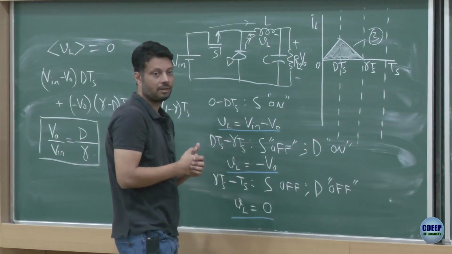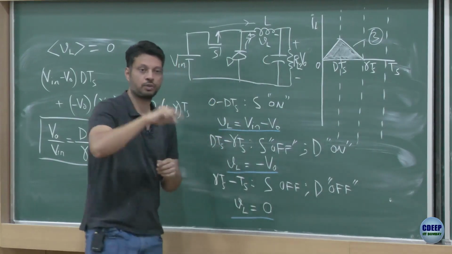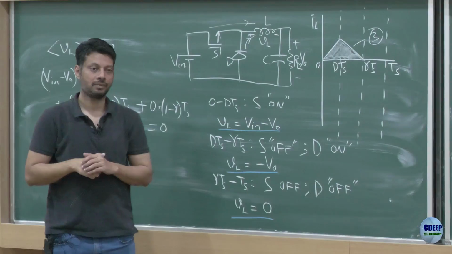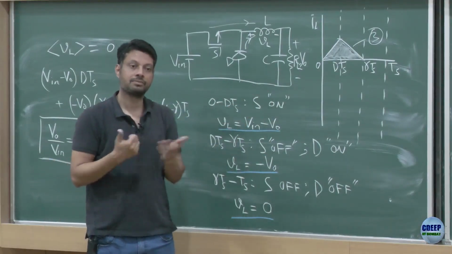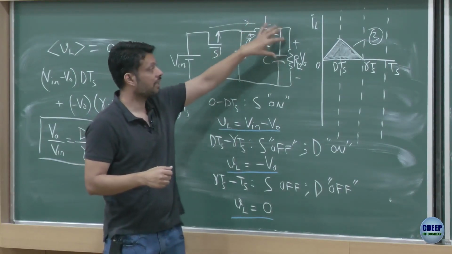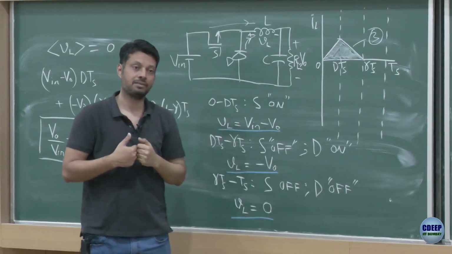Assume instead of this inductor you had a current source which was a square wave, 10 ampere and 0 ampere, and the load is of course average 5 ampere. Still the ripple flows into this, and the average value of 5 ampere flows into the load, even though this current is 0 for some time.